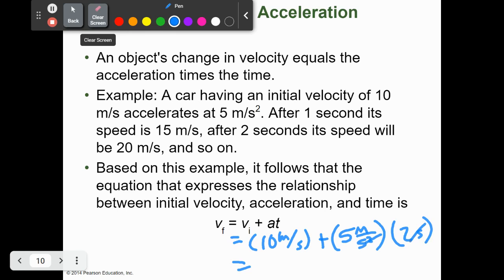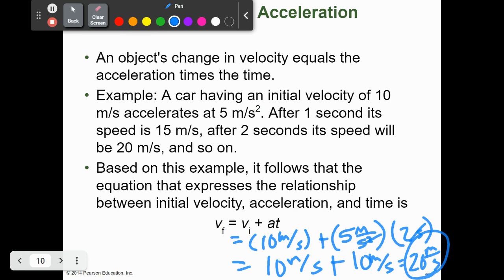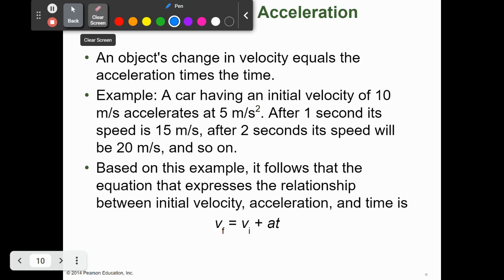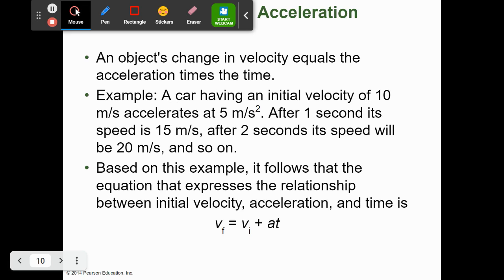So again, my seconds cancel. That's going to be 10 meters per second plus 5 times 2, which is 10 meters per second. And that gives me 20 meters per second. Okay? So yes, the t there is assuming you've done final minus initial. And almost all the time, your initial time is going to be 0, which is why we don't really subtract it out. Doesn't have to be 0, but most of the time it is. All right.